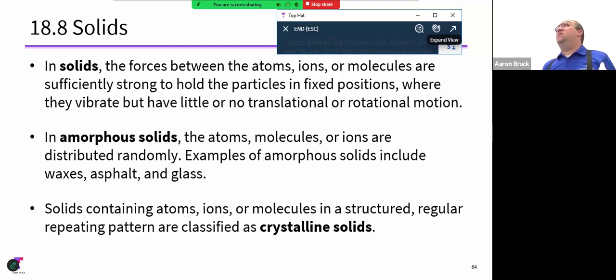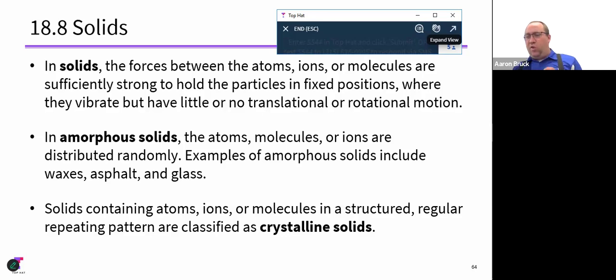When we talk about solids and solid properties, we have to understand that proximity, closeness, is really at the bedrock of what this is all about. The forces between the atoms and the molecules, the ions, whatever it is that is holding that solid together, are really strong.